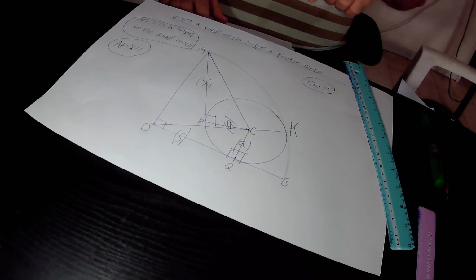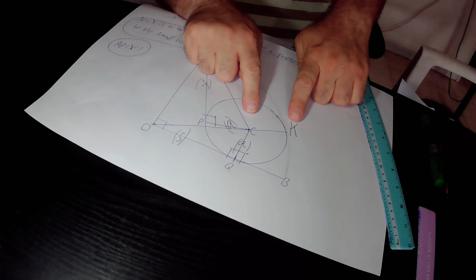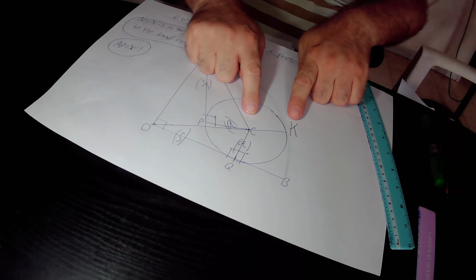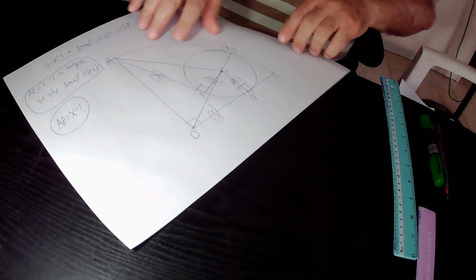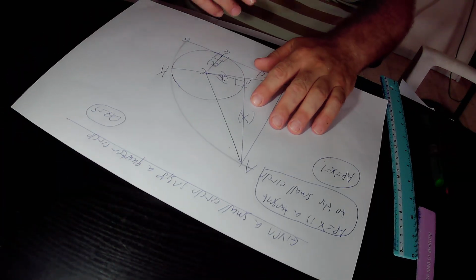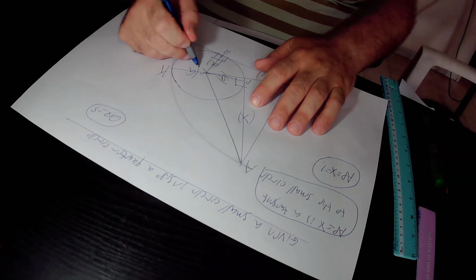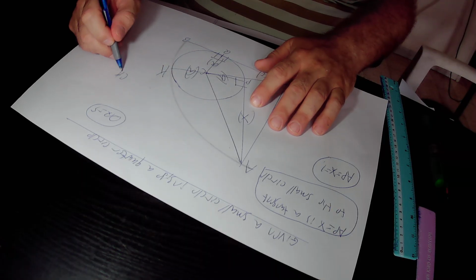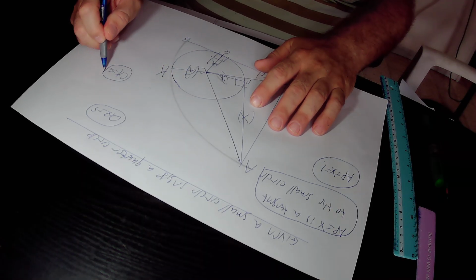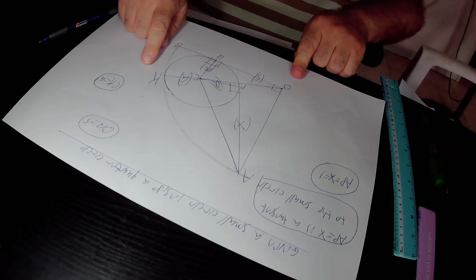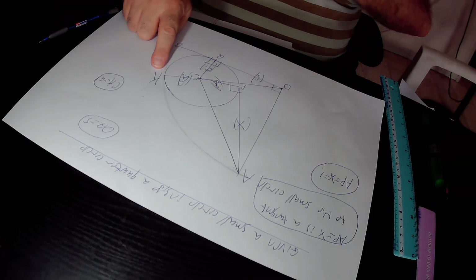What is the length of line CK? CK is, of course, the radius of this small circle, that is A. CK equals A. What is the length of line OK?